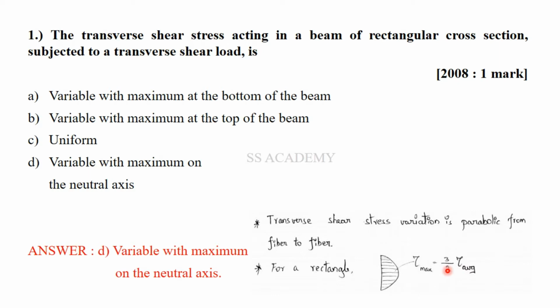Area can be written as B into H, breadth into height. So 3 by 2 F by BH will be the maximum shear stress acting on the neutral axis. So it is clear that the variable with maximum on the neutral axis corresponds to the transverse shear stress variation in the case of a rectangular beam subjected to a transverse shear load.